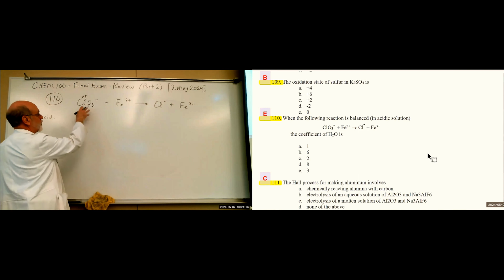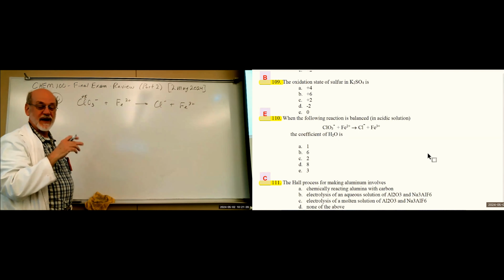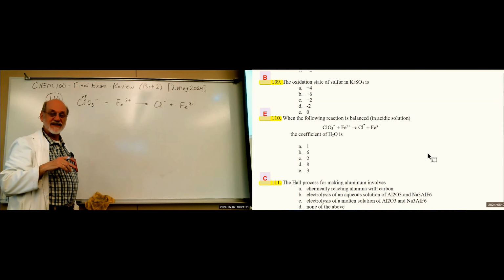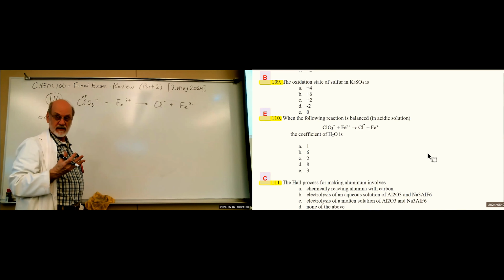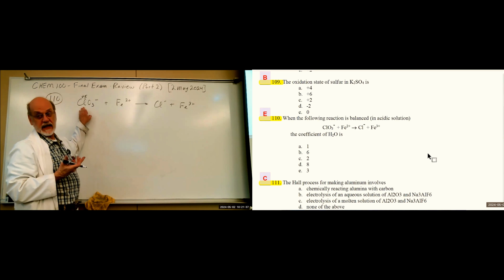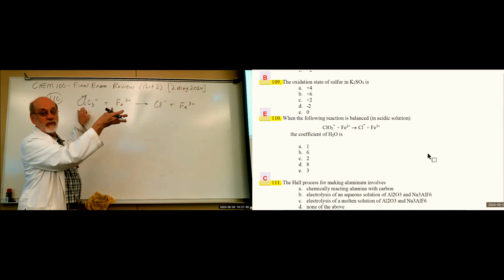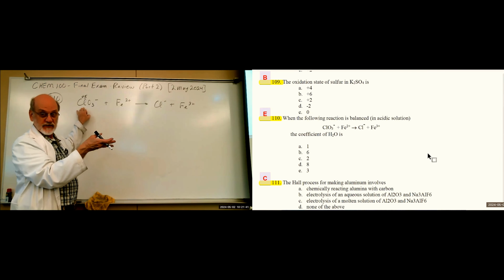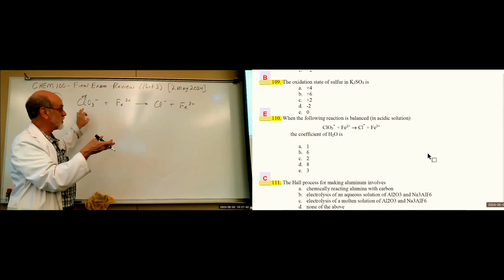Now, how about the chlorine? It went from +5 to -1. That means it had to gain how many electrons? Well, to go to 0, it had to gain 5. But then to go one more, it had to gain another one, 6. So 6 electrons went from there to there. That's the reduction step.